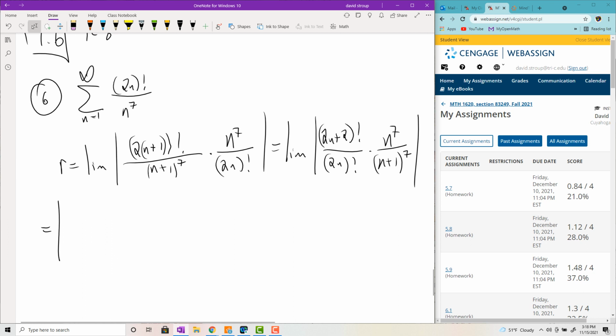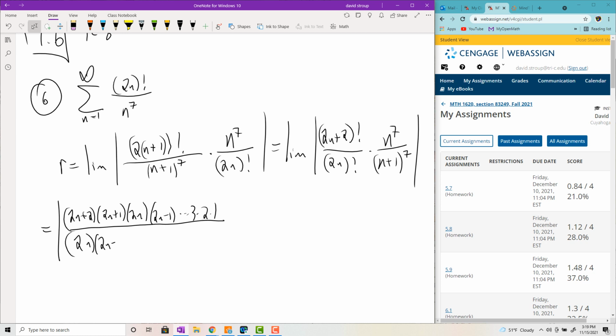I'm going to expand that factorial on the top, so 2n plus 2 times 2n plus 1 times 2n times 2n minus 1, and so on, all the way to 3 times 2 times 1, all over 2n factorial, which is just 2n times 2n minus 1 times 2n minus 2, down to 3 times 2 times 1. Hopefully you can see the cancellation there, and then the rest of it.